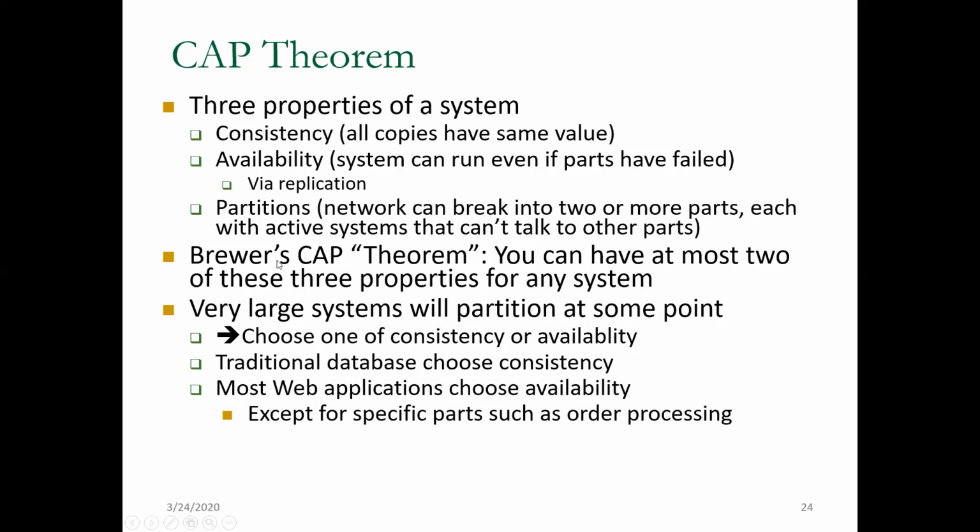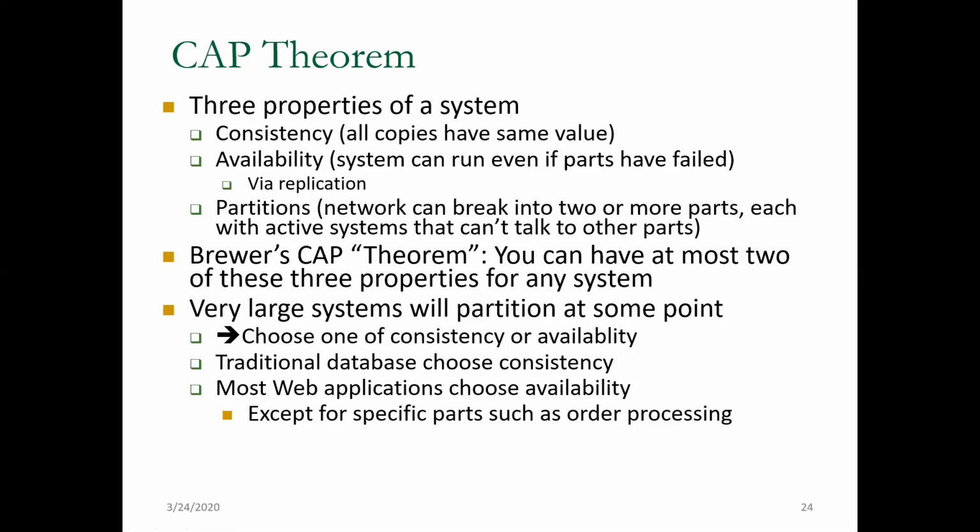Brewer's CAP theorem says that you can have at most two of these properties satisfied, right? Any database cannot satisfy all three properties of the CAP theorem, because any one of the constraints may not be satisfied.